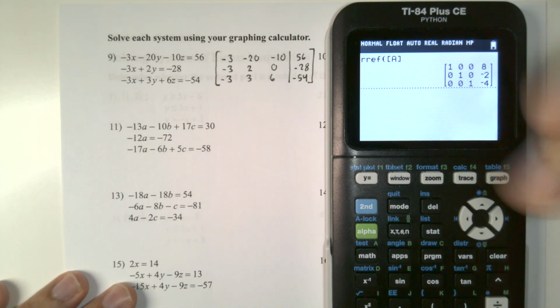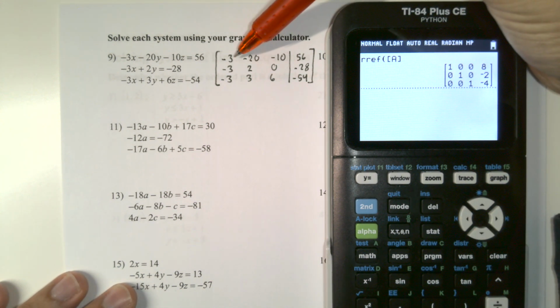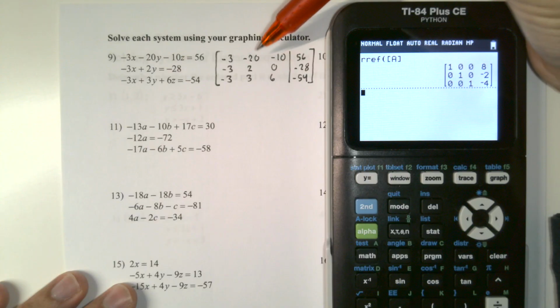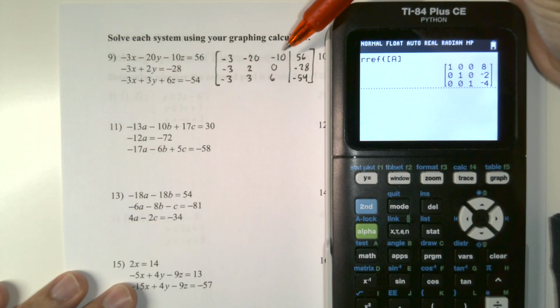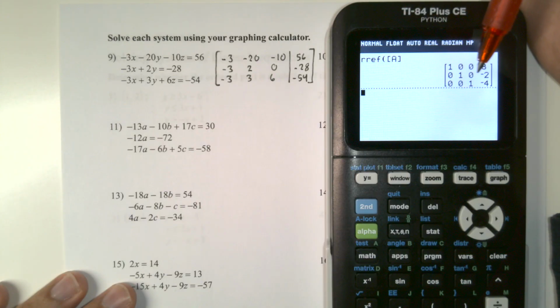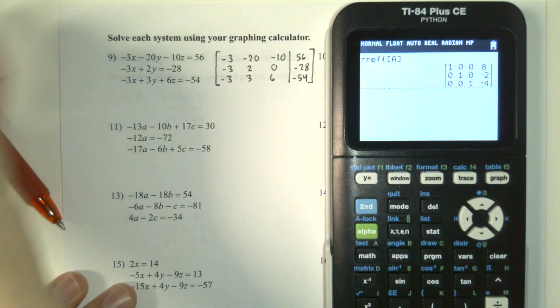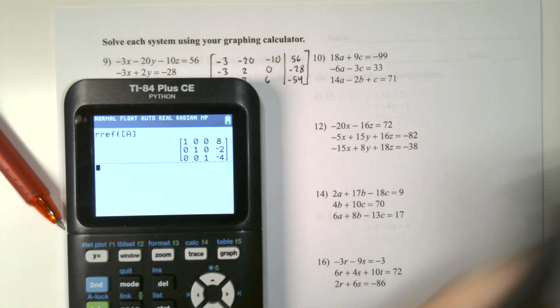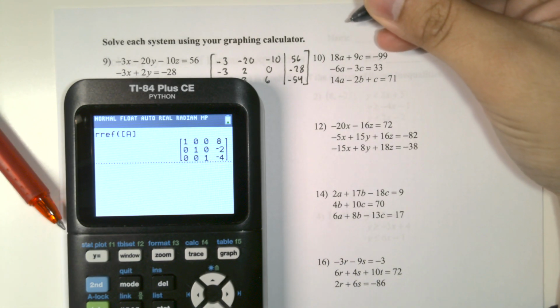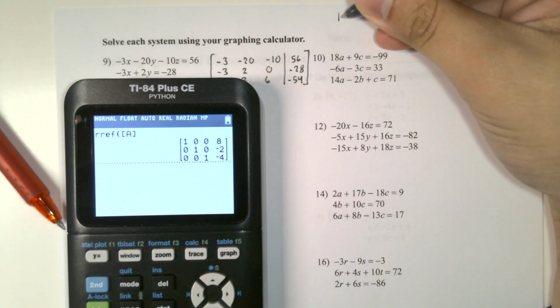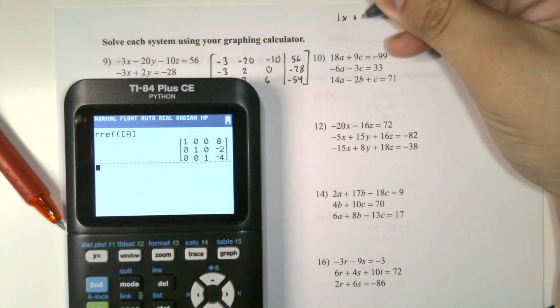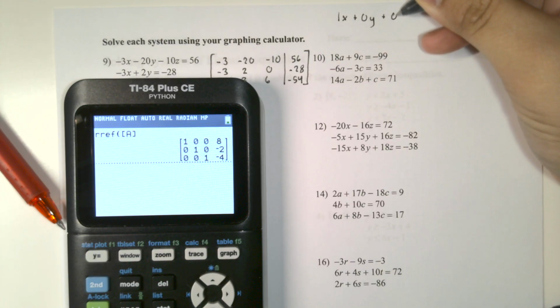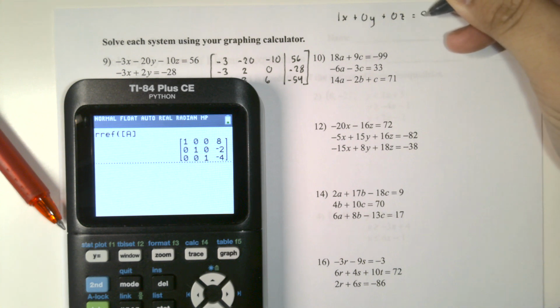Well, remember, this meant negative 3x minus 20y minus 10z is equal to 56. If we think about what this first row is saying, that first row is basically saying that 1x plus 0y plus 0z is equal to 8.